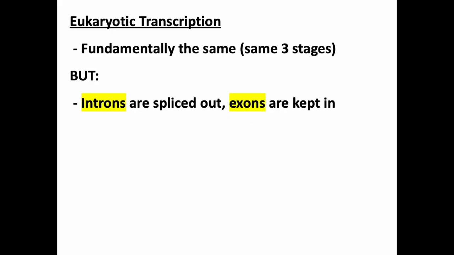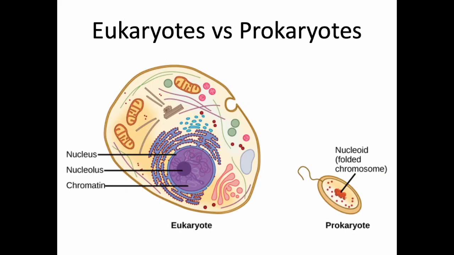There's one last difference between eukaryotic transcription and prokaryotic transcription, and that has to do with the size of these cells. So this is approximately to scale. The prokaryotic cell is pretty small. So if you build an RNA transcript, for that transcript to get where it needs to go in the cell is pretty easy. It doesn't have to travel very far.